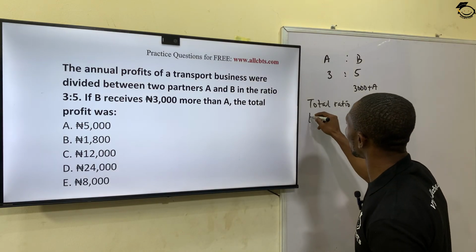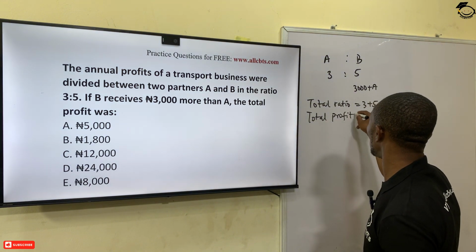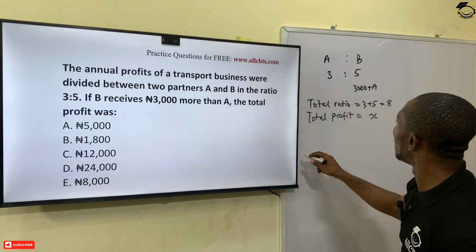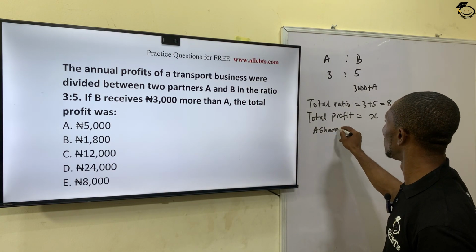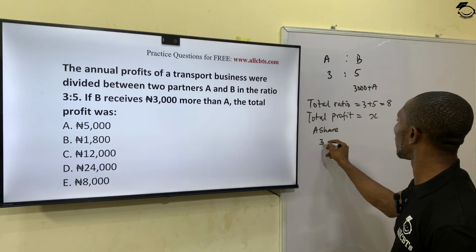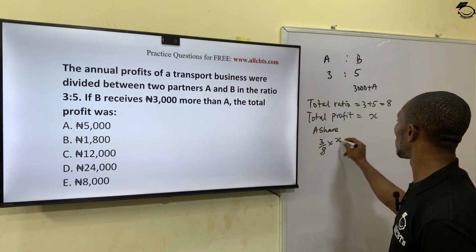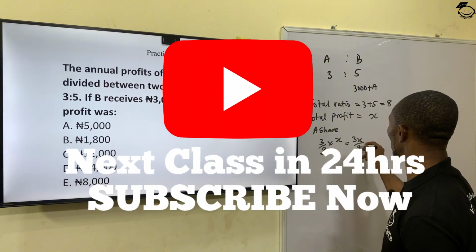Now let's call our total profit X. So A's share would be 3/8 times X, which gives us 3x/8.